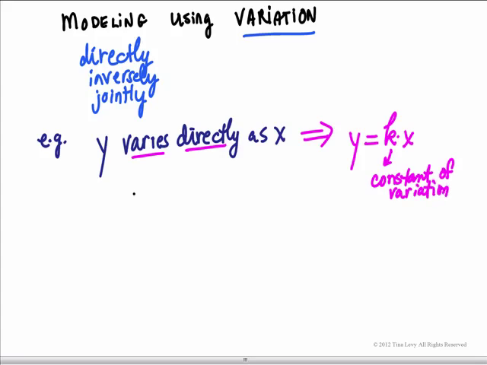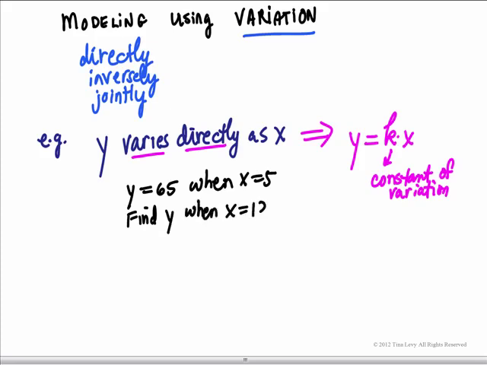To continue this problem, I might say y varies directly as x when y is 65, when x is 5, and then I might say find y when x is 12. You will notice that I have a y value and an x value.